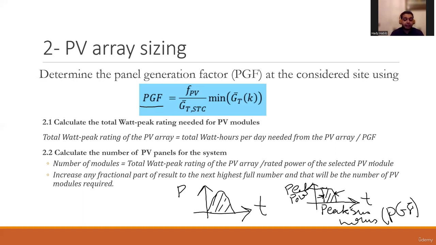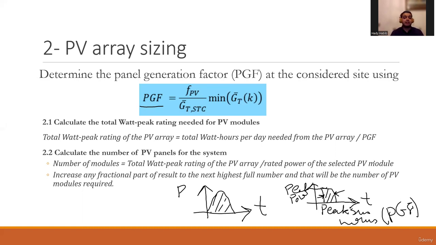In case of any fraction in the calculated number of modules, we are going to round it up to the greater number.